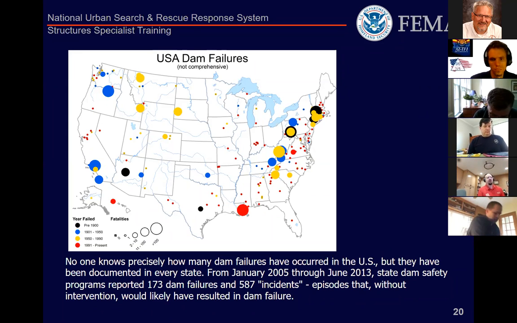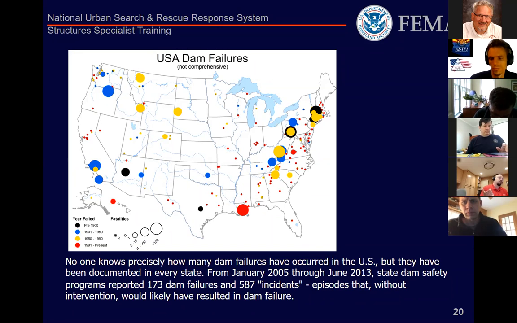Since this stops in 2013, it does not show the flooding and damage that was caused in 2015 and 2016. If that were here, you would see a large number of circles up the Mississippi and the Missouri rivers in the middle part of the country.